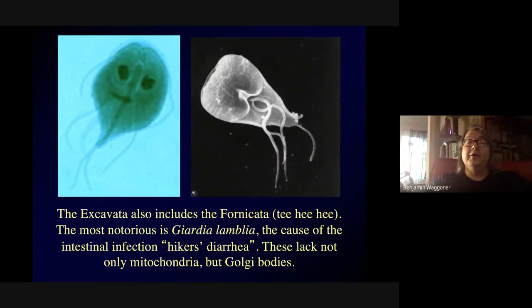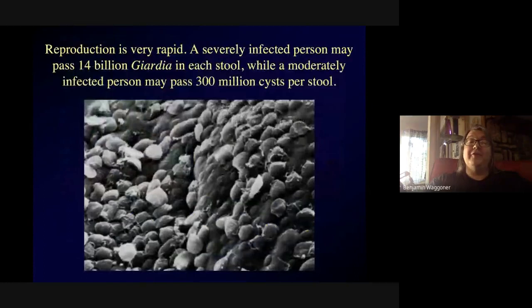And they look like this. That's a piece of intestinal lining, and every one of those things that looks like little caps is a separate Giardia cell. A severely infected person may pass 14 billion Giardia in every stool.